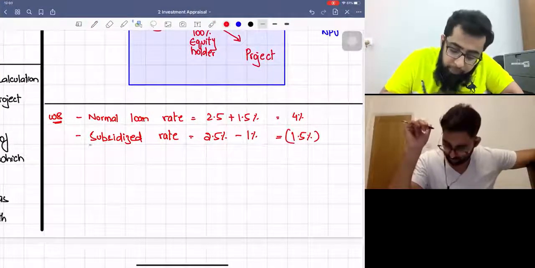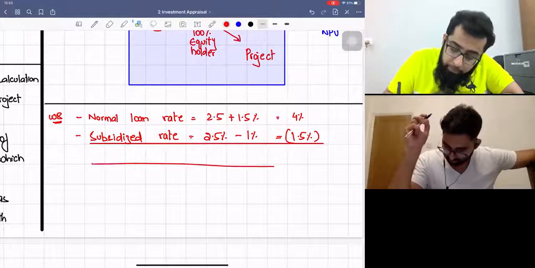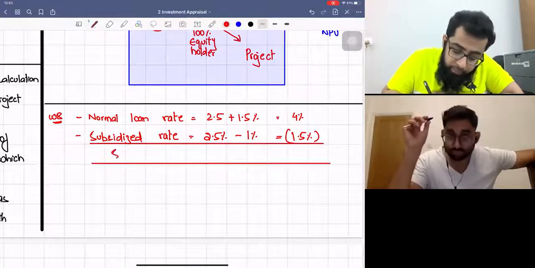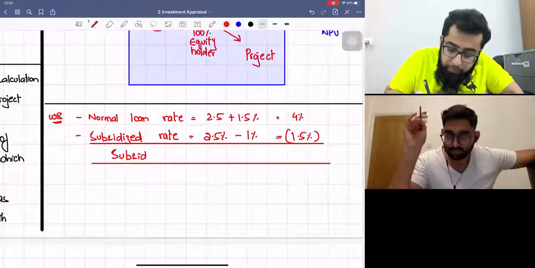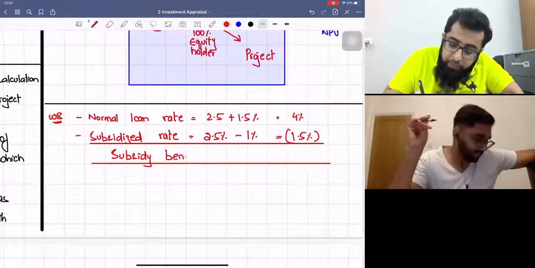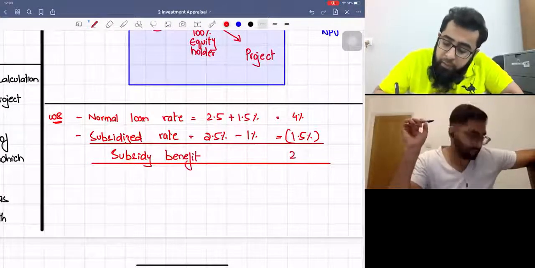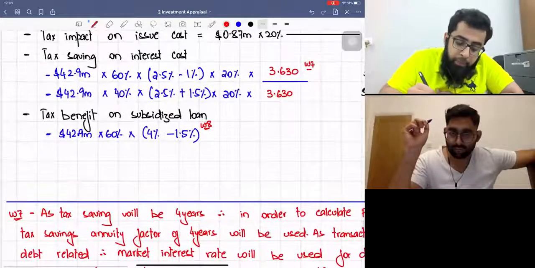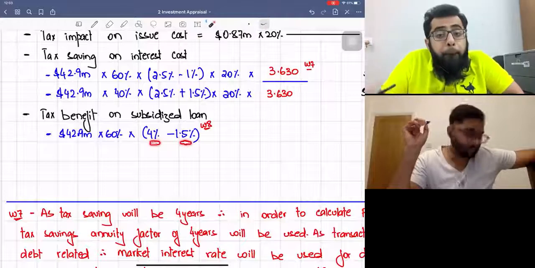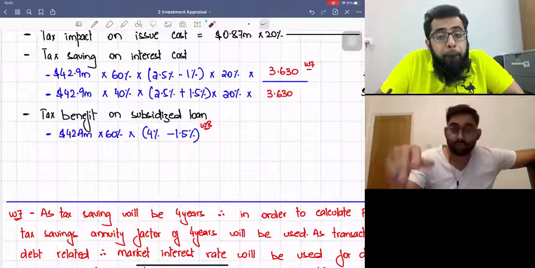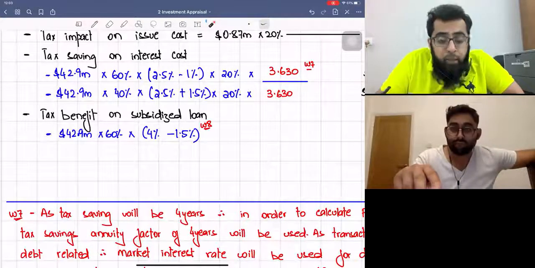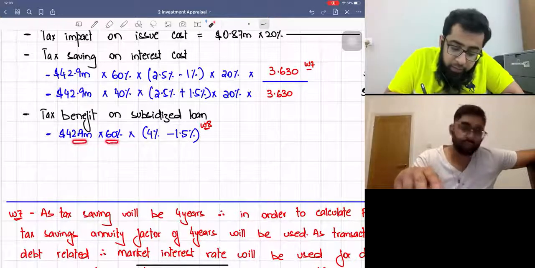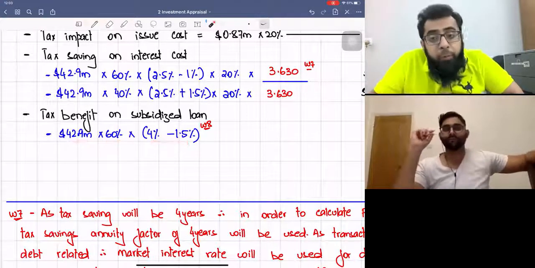So what is the subsidy benefit? 2.5% is the subsidy benefit. So I have written 4 minus 1.5 as the subsidy benefit. Every year I will get a benefit of 2.5%.